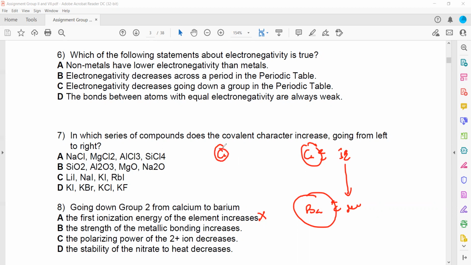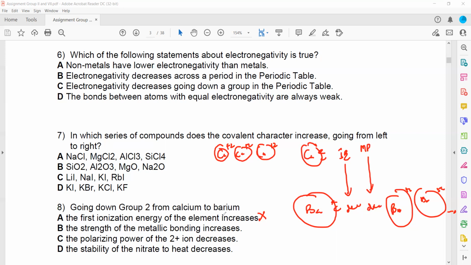A calcium lattice will have smaller positive ions, so they will have more attraction towards the electrons as compared to a lattice of barium. So it won't be accurate. As we go down, the metallic bonding weakens and the melting point also decreases for metals. But here it is written increase, so that's wrong.